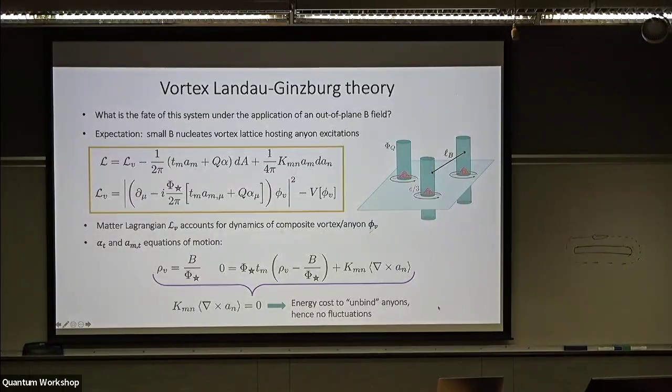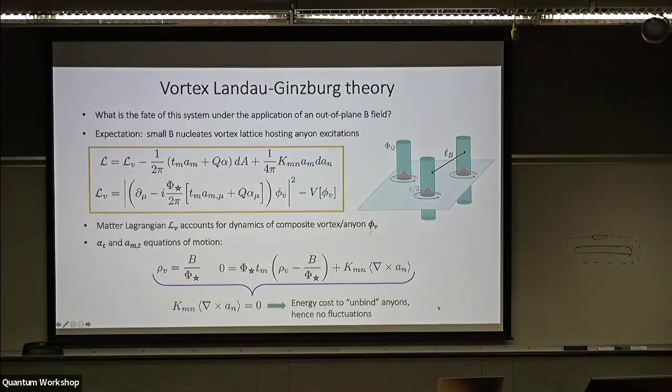We can describe this through a Landau-Ginzburg theory. We have that topological part that I wrote down previously, but now I've added some matter content to describe these composite objects, to give them dynamics that's controlled by the field phi sub v.